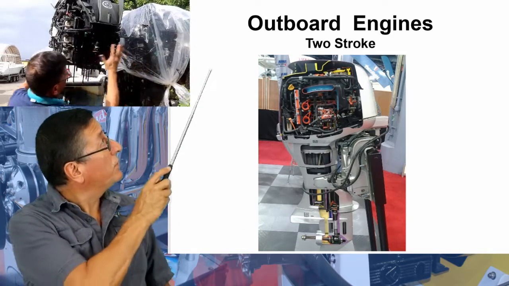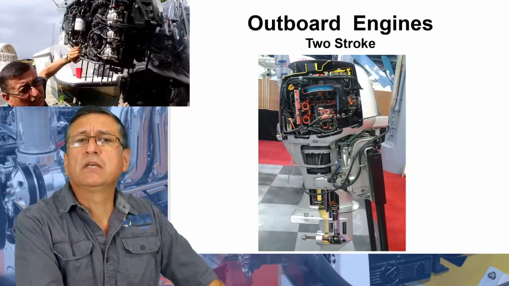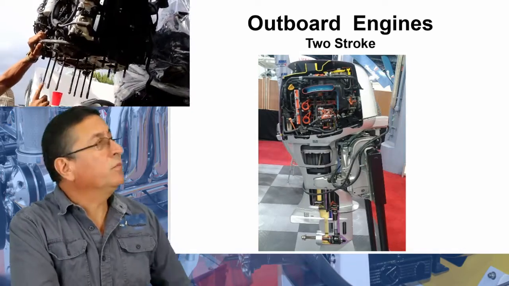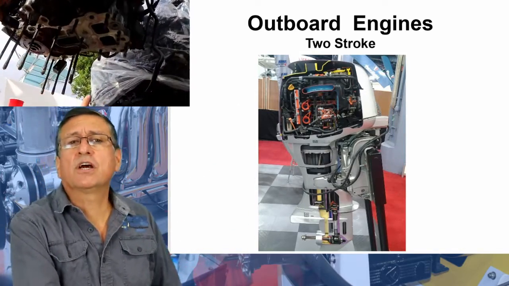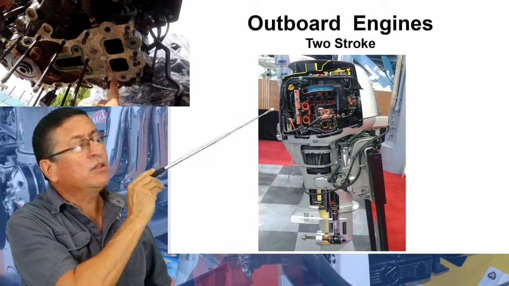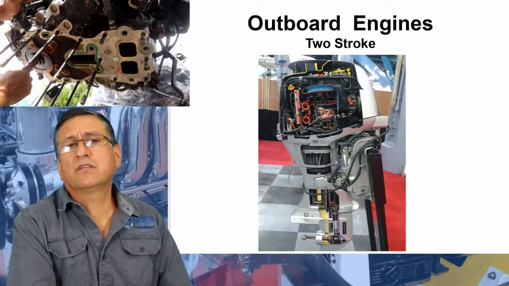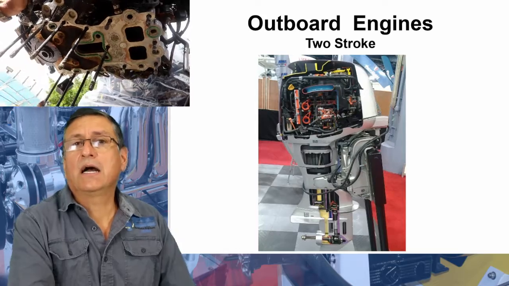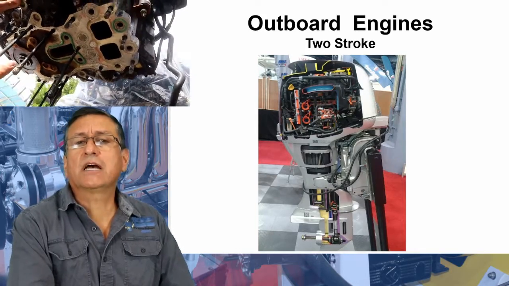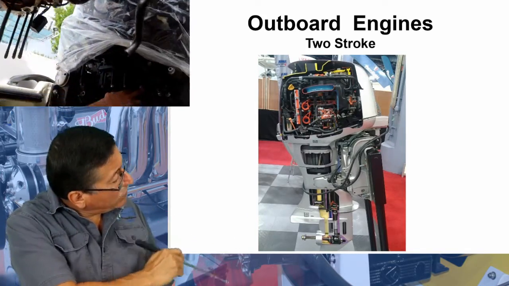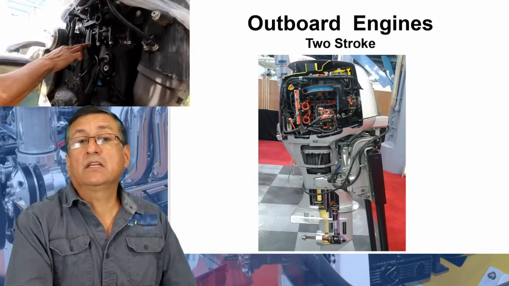We have on top the power unit. The power unit could be 2 strokes or 4 strokes. The middle section is the section where the gases are controlled, especially the exhaust gases. And the lower unit at the bottom is basically the transmission.